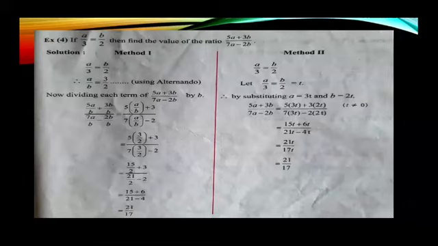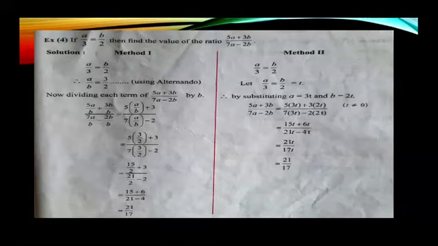Now dividing each term of (5a + 3b) upon (7a − 2b) by b. So 5a upon b plus 3b upon b, upon 7a upon b minus 2b upon b.